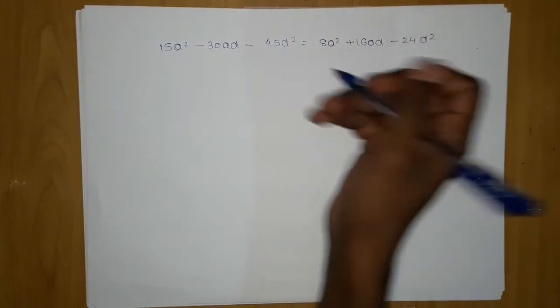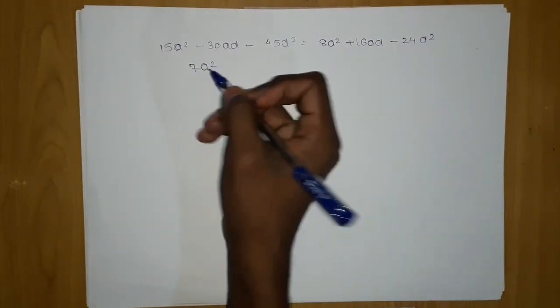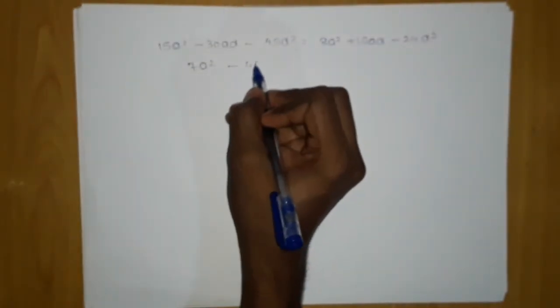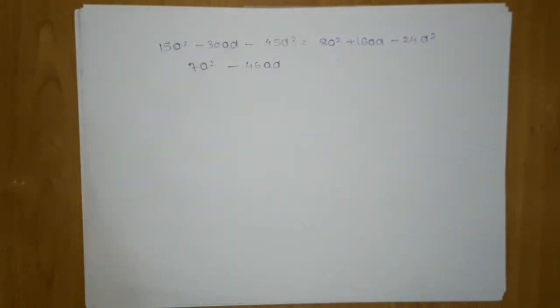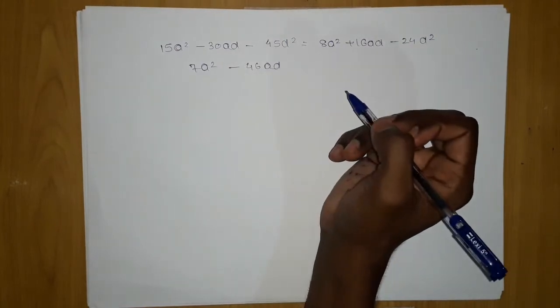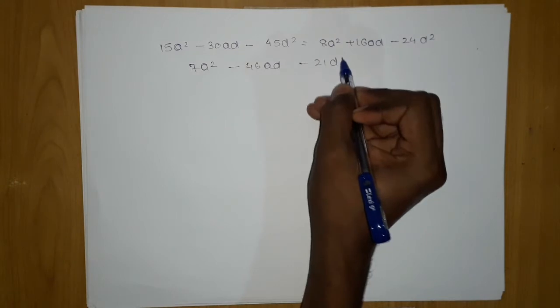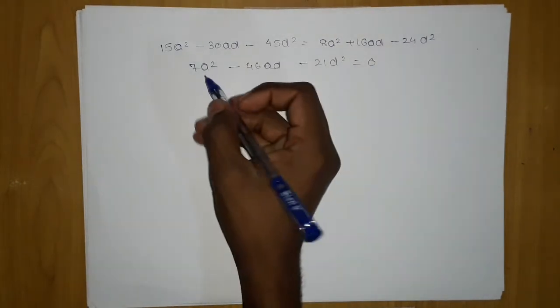Okay, I got these things. Now if I subtract this, I get 7 a square. And if I bring this here, I get minus 46 ad. And further if I bring this here, it will become plus, which will give me minus 21 d square equal to 0.